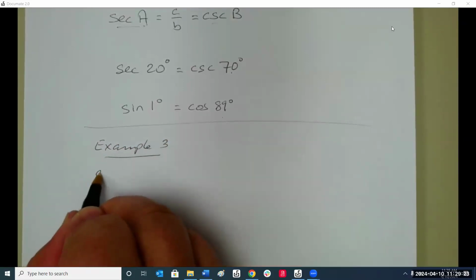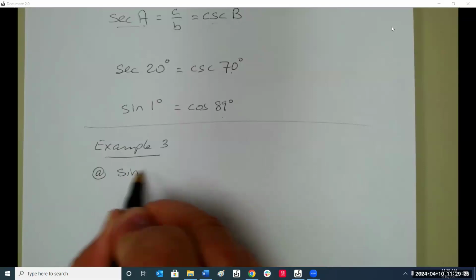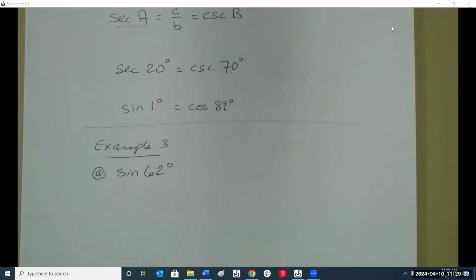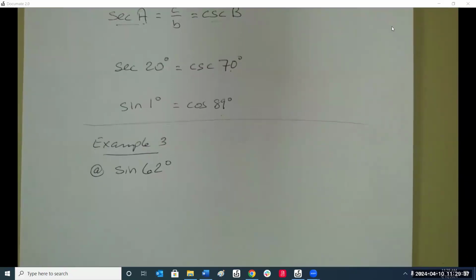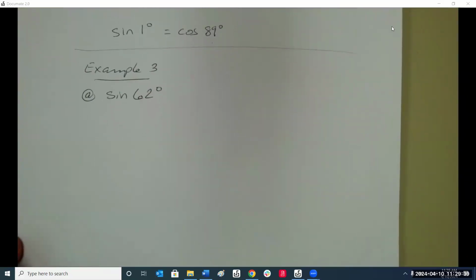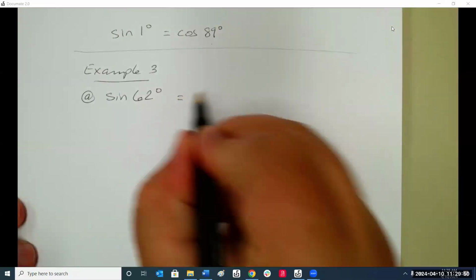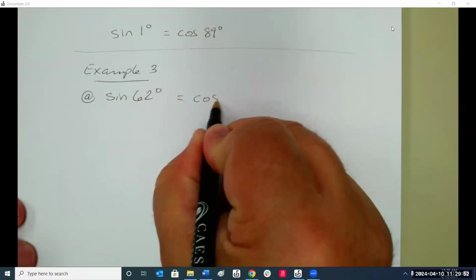Example 3. Use the complementary angle theorem. So what does this equal? Cosine of what?